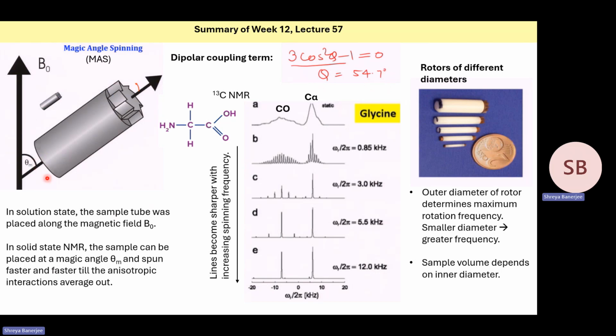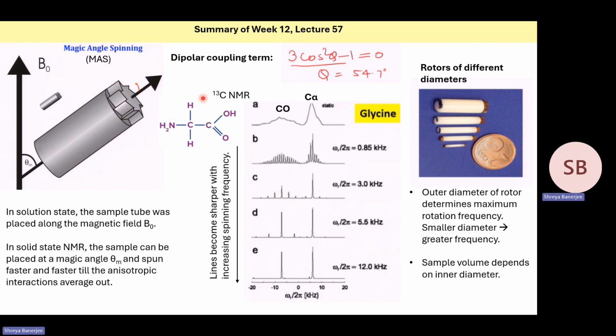So if we rotate the sample placed in the rotor at this angle, 54.7 degrees, the dipolar coupling becomes 0. So you're averaging out the dipolar coupling, that is the anisotropic interaction. Averaging out the anisotropic interaction should give you a sharp spectra. Indeed, that is what happens.